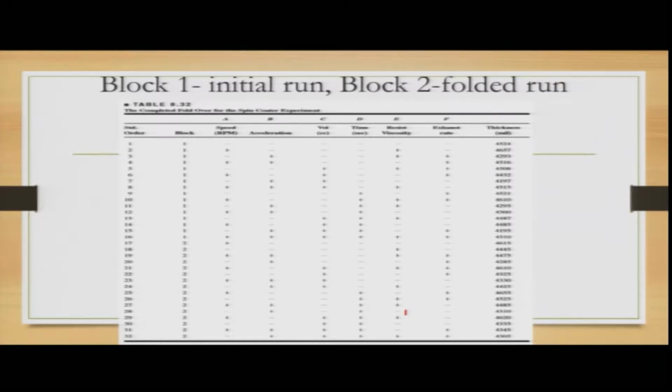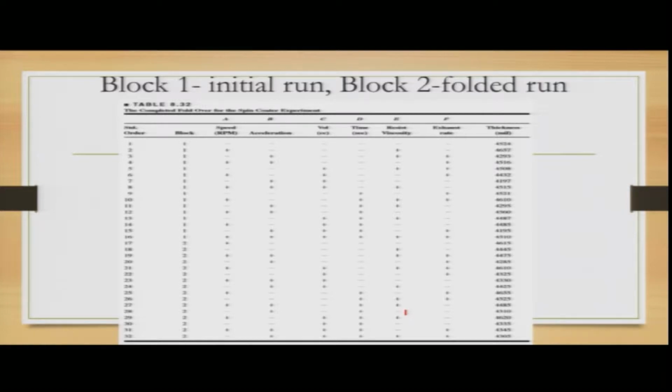For the block 1 initial run, the effects or sets which you mentioned were basically one was block 1, one was block 2. So, the block 1 initial runs and the block 2 folded runs are given. Sorry for the resolution, because there is a lot of information here.